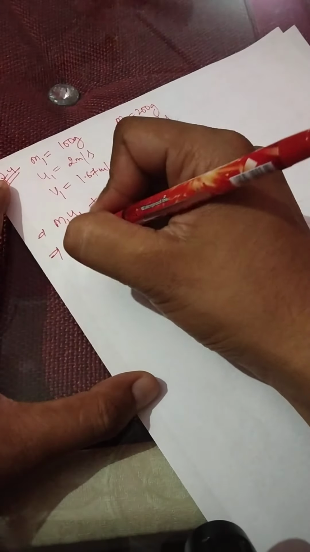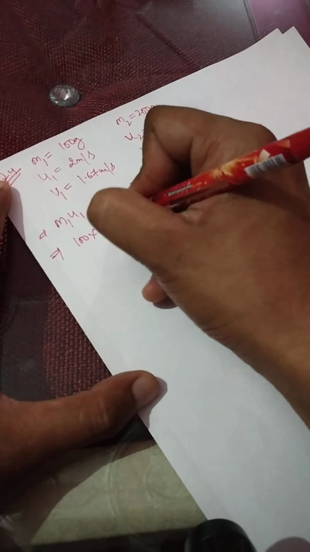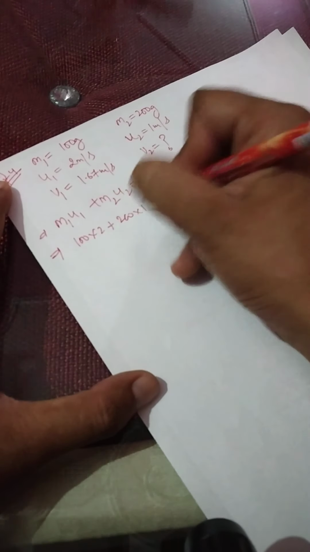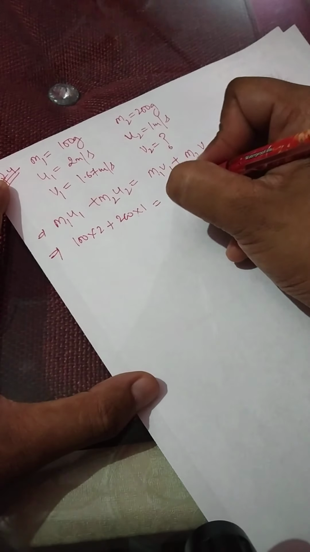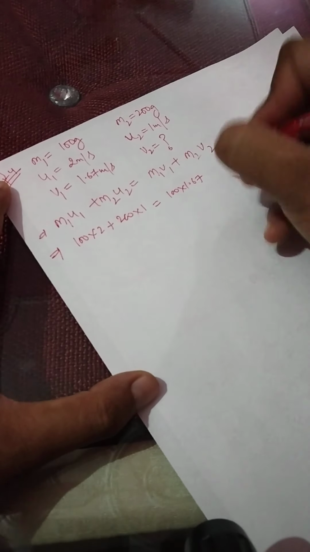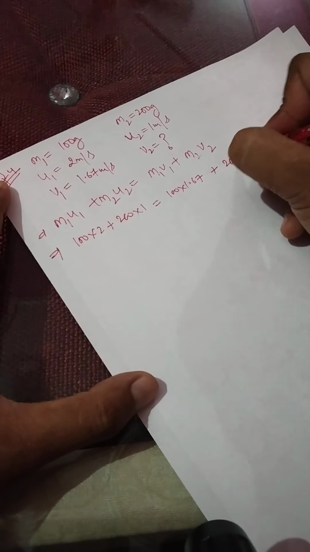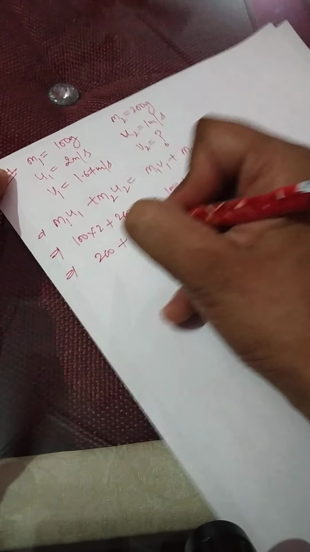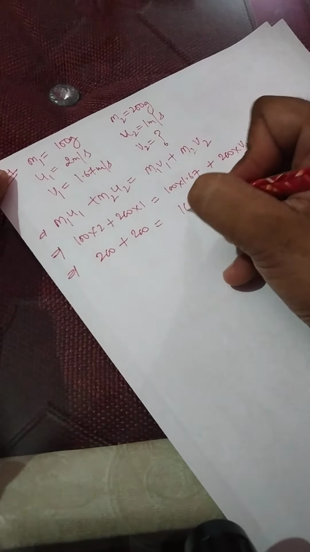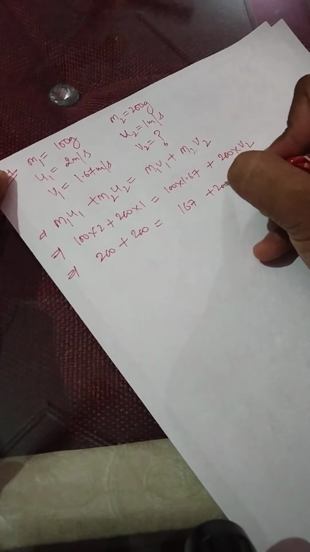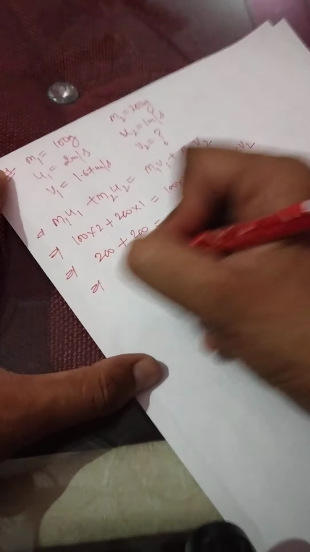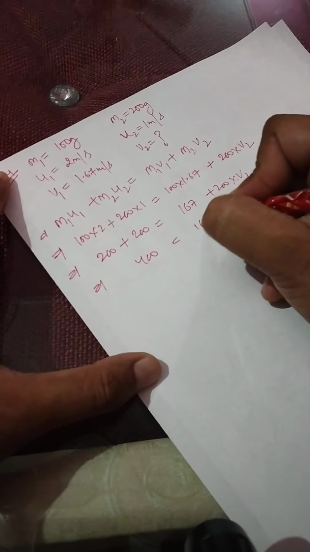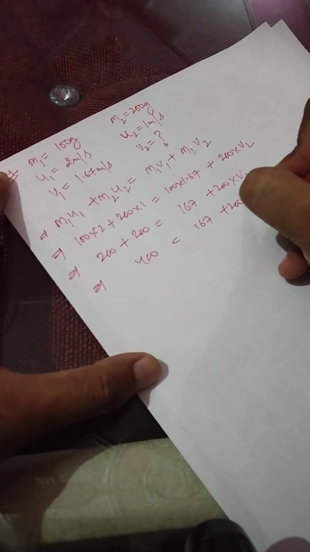Putting values, we have 100 into 2 plus 200 into 1 equals 100 into 1.67 plus 200 into v2. Solving, 200 plus 200 equals 167 plus 200 into v2, which is 400 equals 167 plus 200 into v2.